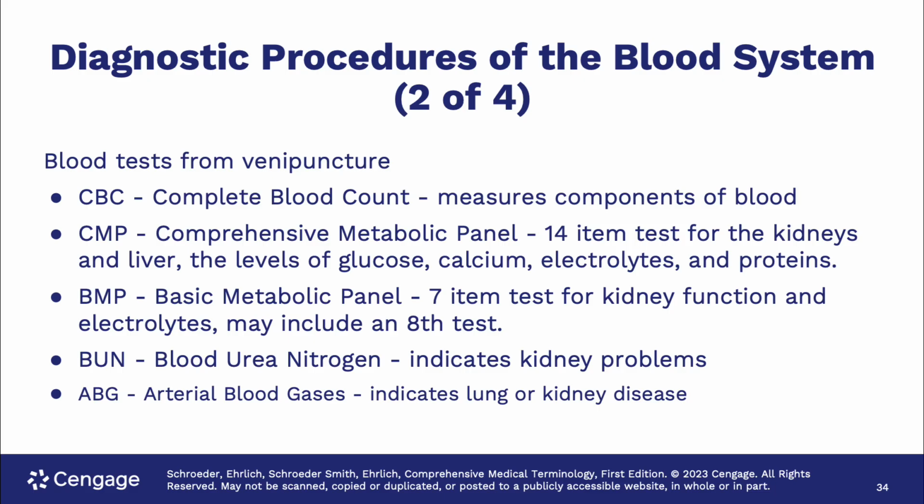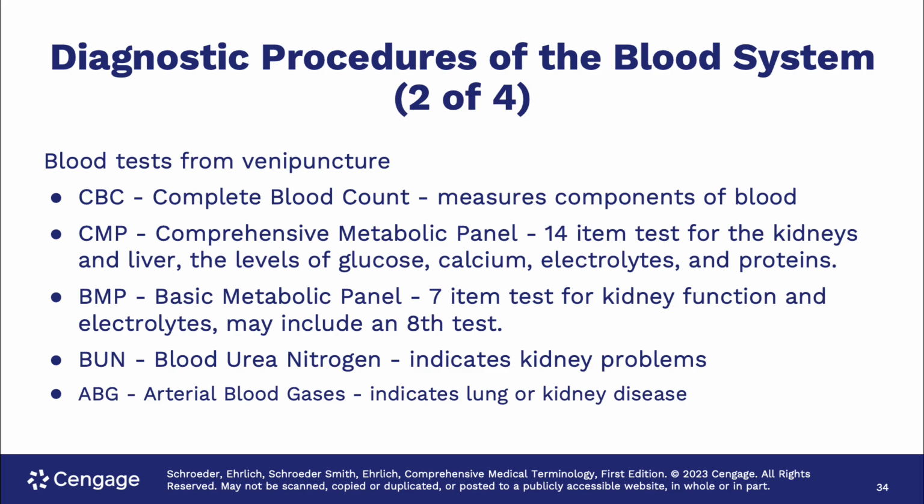So some different ones. A CBC is a complete blood count where you'll get all of the different blood cell types. Comprehensive Medical Panel, CMP, is 14 tests for kidney function and liver function, levels of glucose, calcium, electrolytes, and proteins in your body.